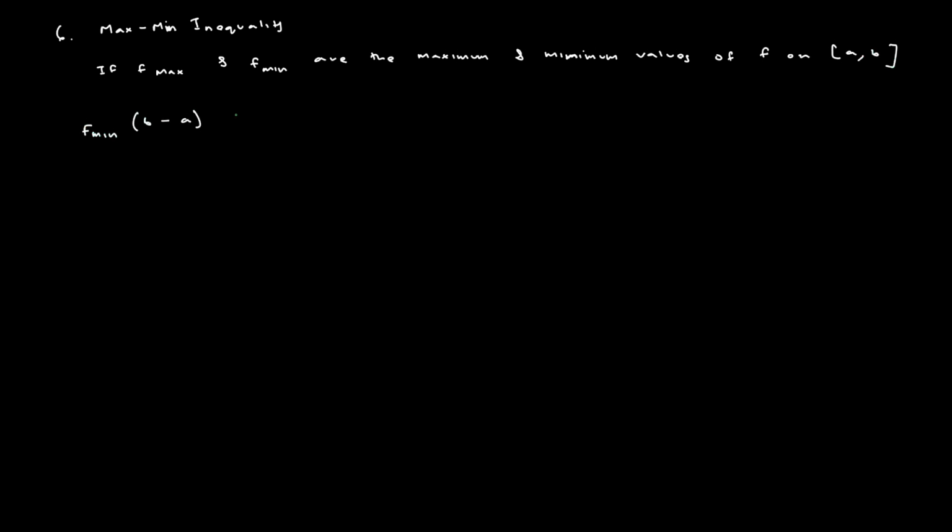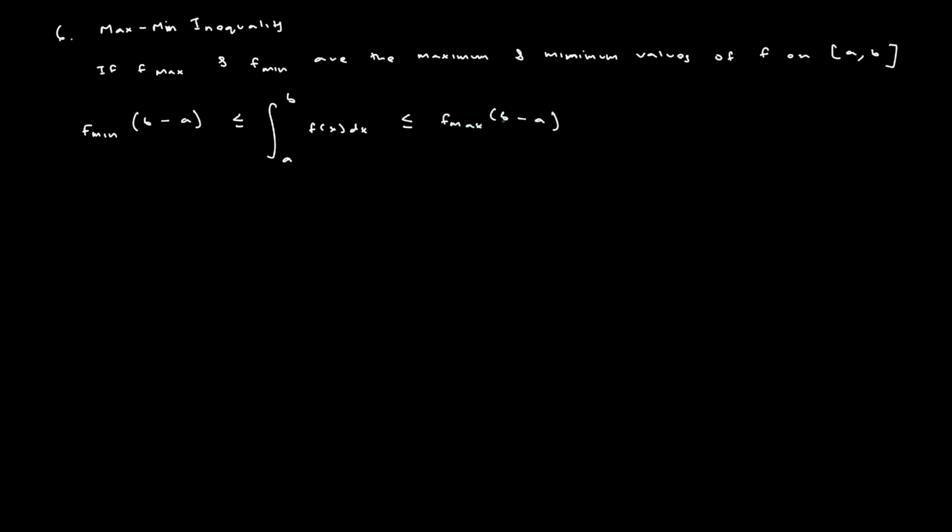This one states that if f max and f sub min are the maximum and minimum values of f on the interval a to b, then f min times b minus a is less than or equal to the integral from a to b of f of x dx, and it's less than or equal to f max times b minus a.